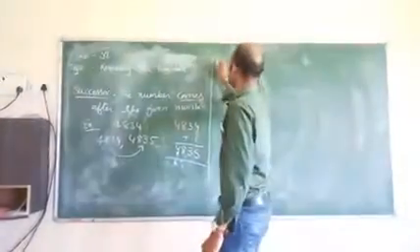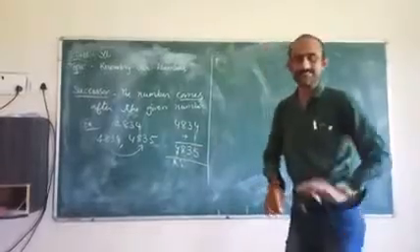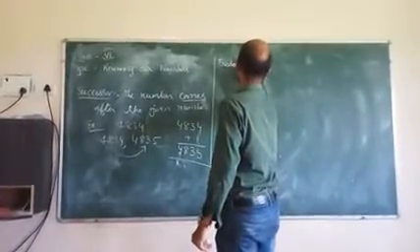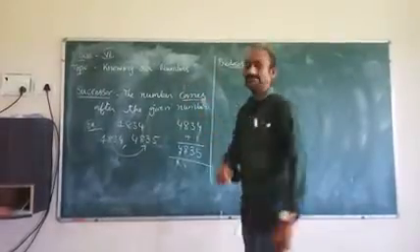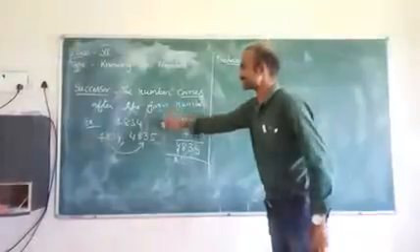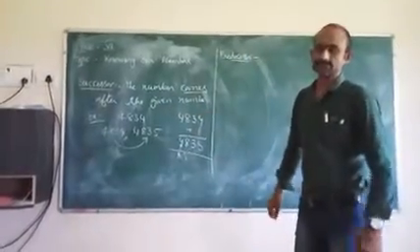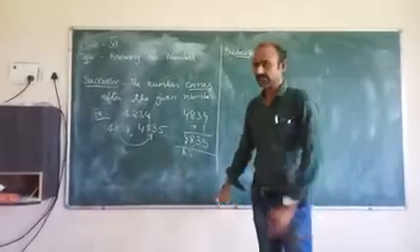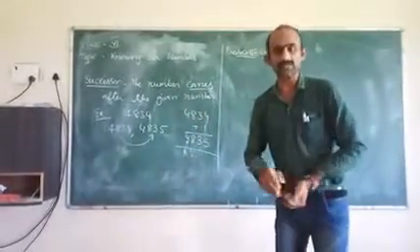Now, the opposite of the successor is the predecessor. In the successor, the definition is: the number which comes after the given number. So what is the opposite of after?